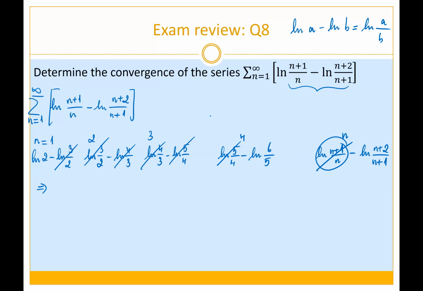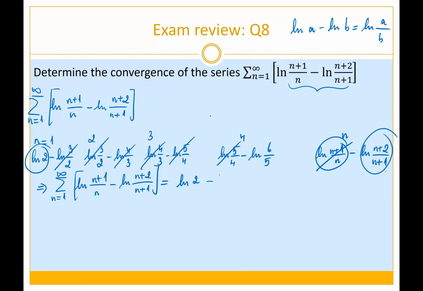Therefore, our series is going to be equal to ln of 2, which is the only term left, minus ln of n plus 2 over n plus 1.